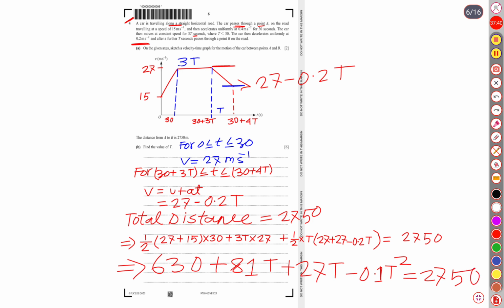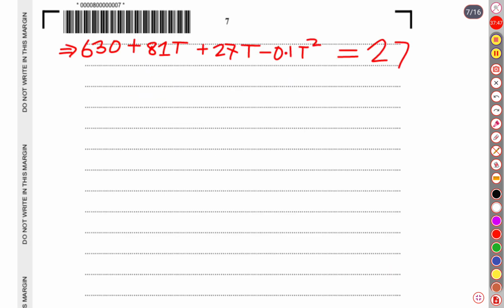Now I will have to take some space to complete this. Equal to 2750 is our right hand side.